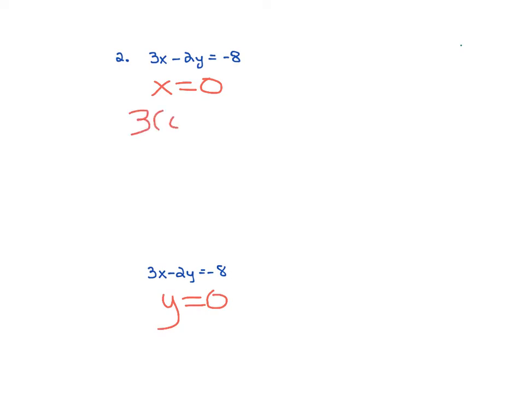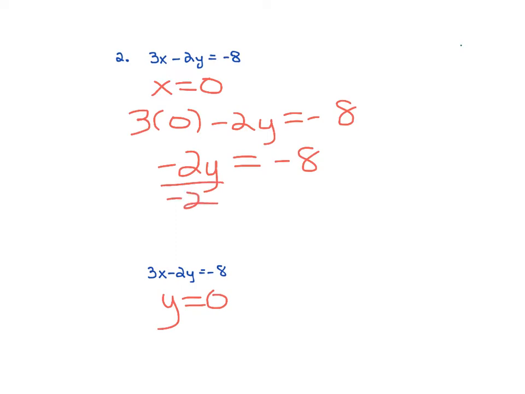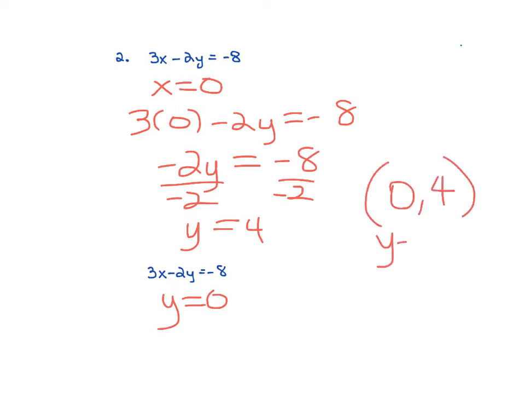So 3 times 0 minus 2y equals negative 8. Negative 2y equals negative 8. Divide by negative 2, and y equals 4. So 0, 4, and that's going to be our y-intercept.